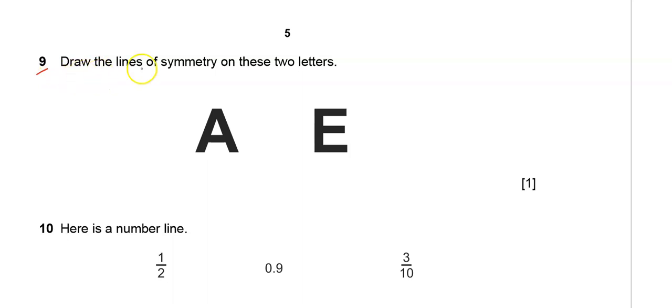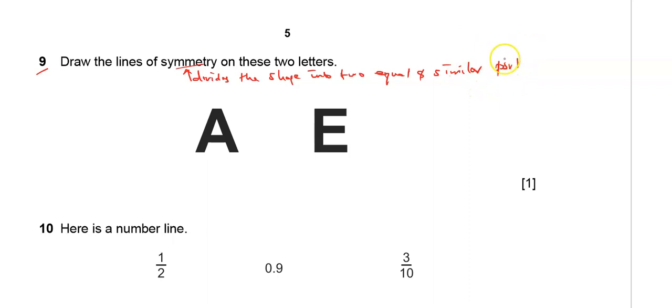Question number 9. Draw the lines of symmetry on these two letters. A line of symmetry divides the shape into two equal and similar portions or parts.